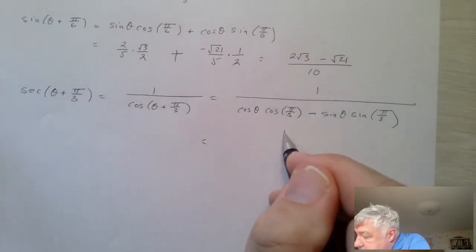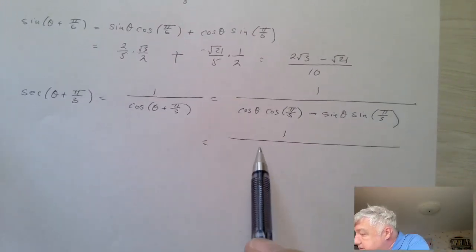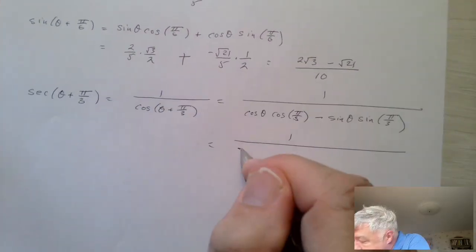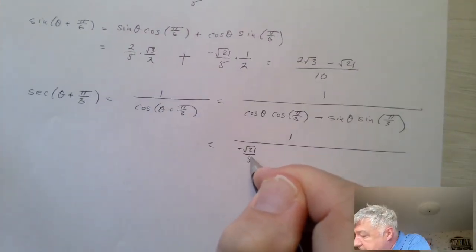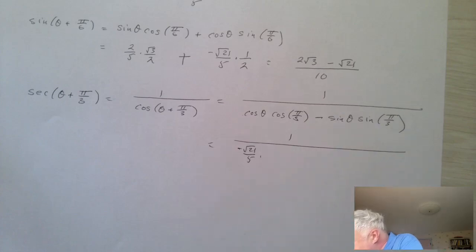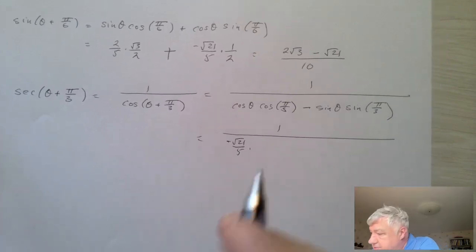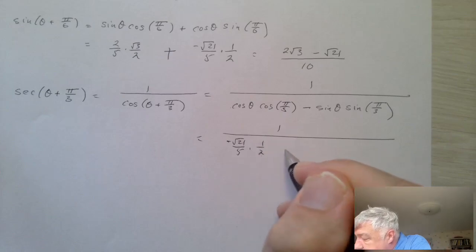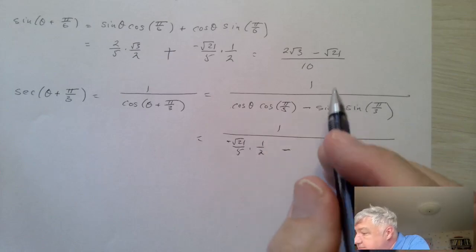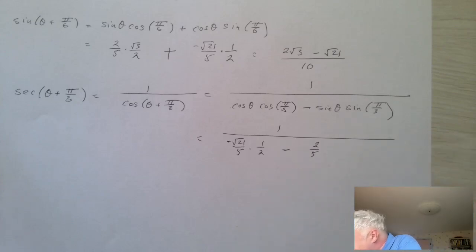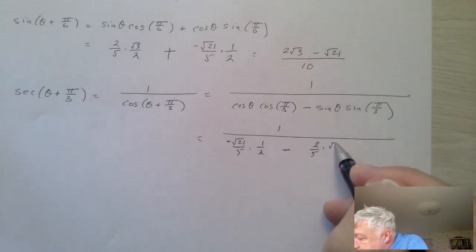which is 1 over, cosine of theta is this number, negative square root of 21 over 5. Cosine of pi over 3, that's the cosine of 60 degrees, which is 1/2. And we have minus the sine, which is 2/5. And the sine of 60 degrees is square root 3 over 2.